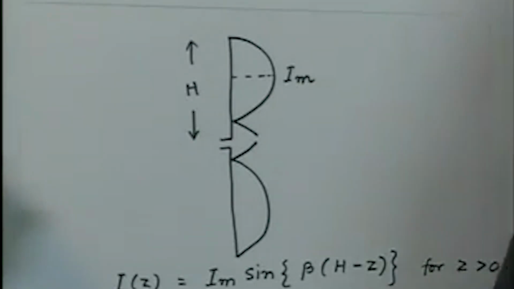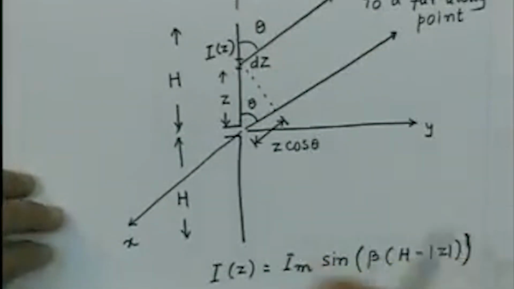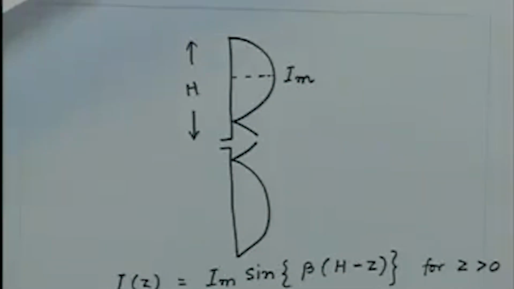So, this current distribution, we can now explicitly write for the lower half of the dipole, which is for z less than 0, and for the upper half of the dipole, which is for z greater than 0.